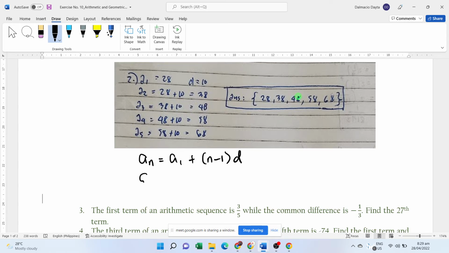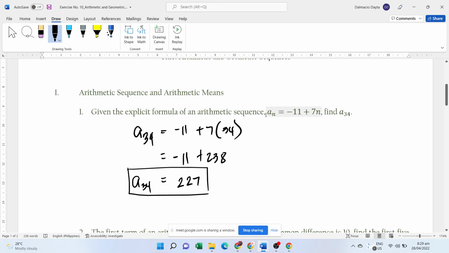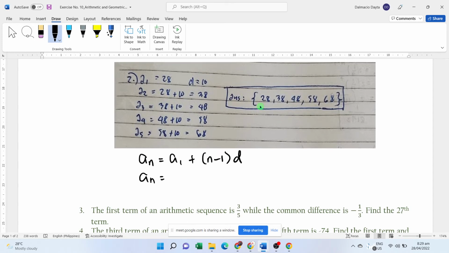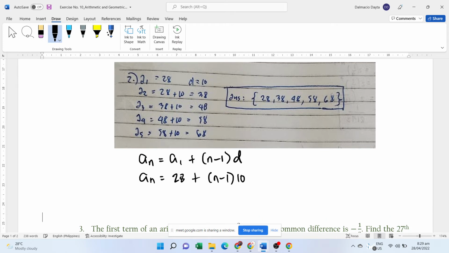If a sub n is the nth term, that is in the explicit formula. Look at problem number 1. And a sub 1 is 28. N minus 1, and the common difference is 10, so that will be n minus 1 times 10. So you simplify this formula. This formula follows the nth term of an arithmetic sequence.